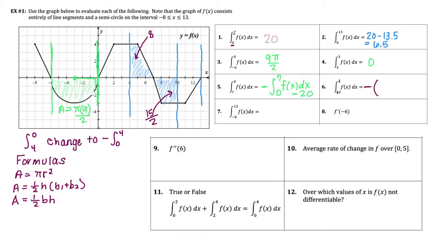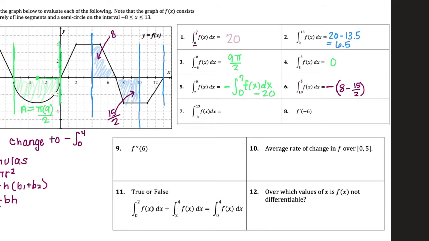And then you've got 8 minus 15 over 2. Let me slide my screen over a minute. What should that give you? Negative 1/2 once you work that out. Okay, so again, those are just trapezoids and you're working out those. I didn't work them out, but if you need to see them, ask me in class and I'll be happy to work them out for you.